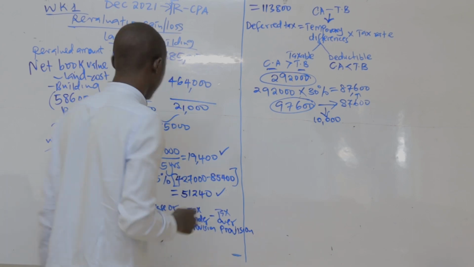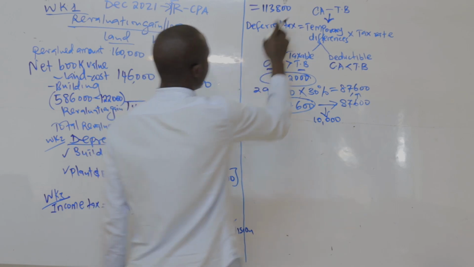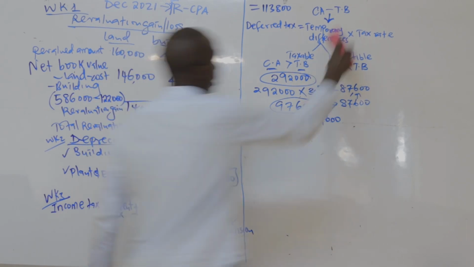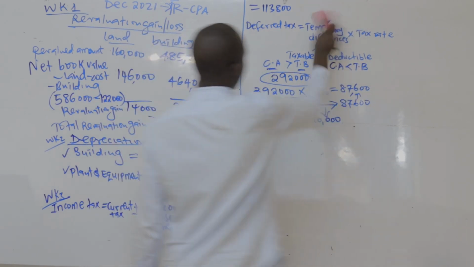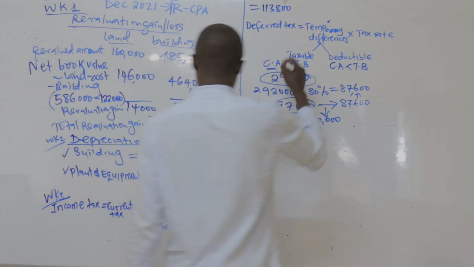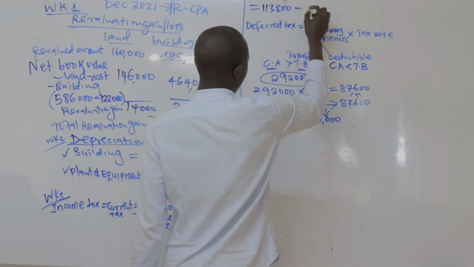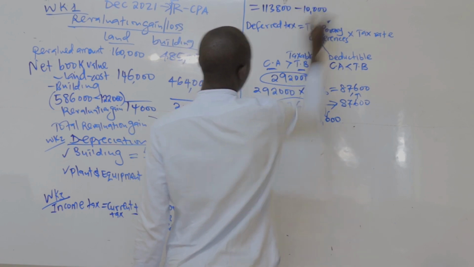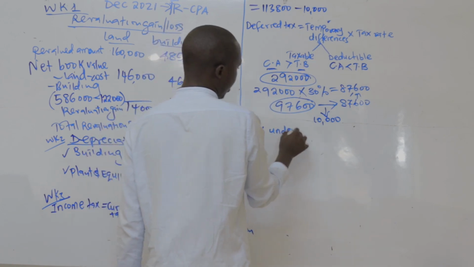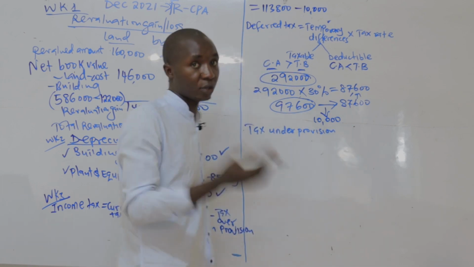So which means that I will take the 113,800, which is the current tax, and minus 10,000, because this is a decrease. Then for the tax under provision, for example, in the previous year you were supposed to make a provision for future taxes of 10 million.